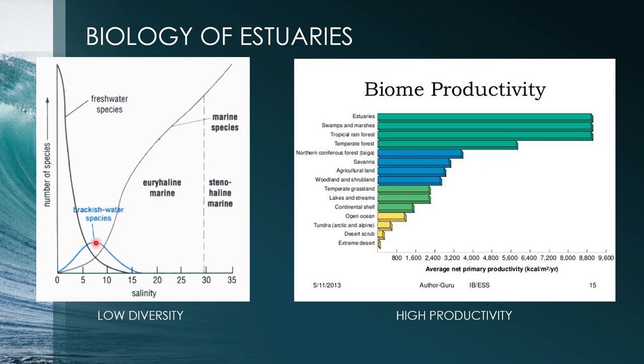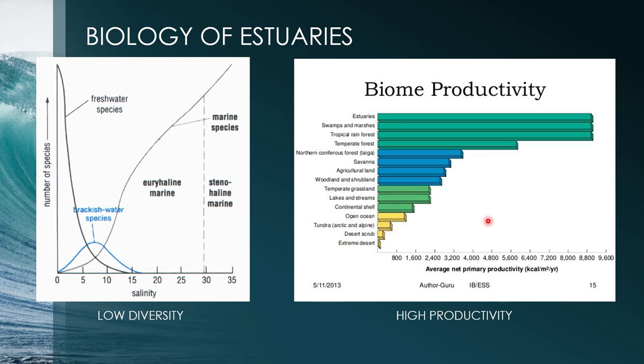They need to be able to handle all sorts of changes to their environment, where you might have fresh water coming in sometimes when there are floods, or when there are droughts, you might have a lot of salt water. So these are evolved and adapted to live under conditions where salinity changes, and they can live anywhere from 0 to around 15 parts per thousand. So diversity is very low compared to the diversity of freshwater species and of marine species.